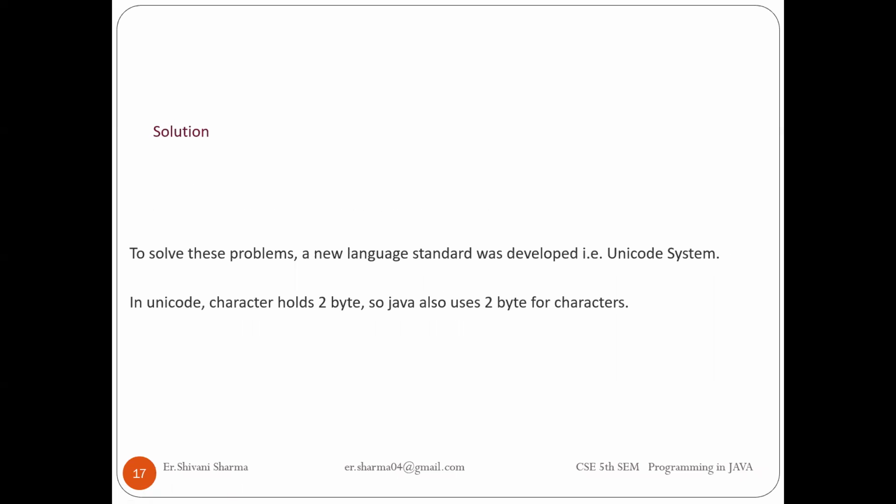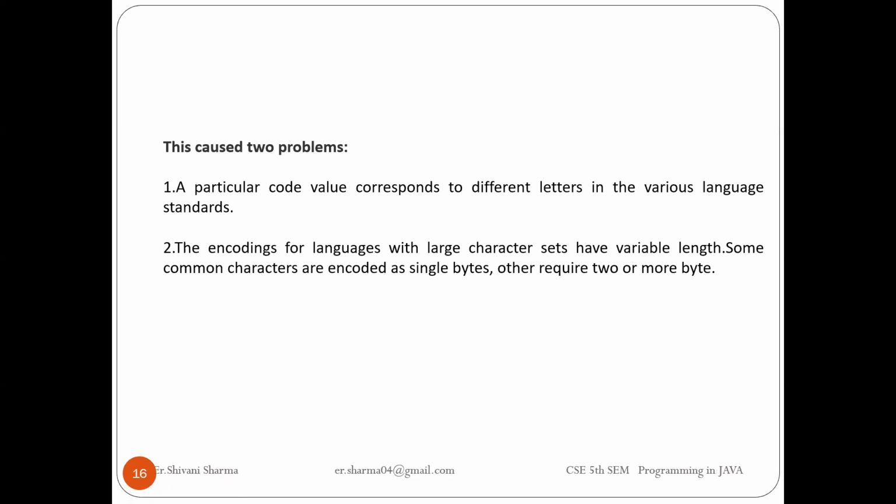Now, you can see what problem occurs with ASCII code and any particular standard. A particular code value corresponds to different characters and letters in various language standards. It means if I am working on the ASCII American standard, I have to know the codes of that language.